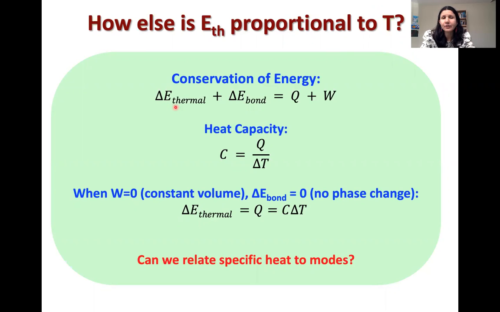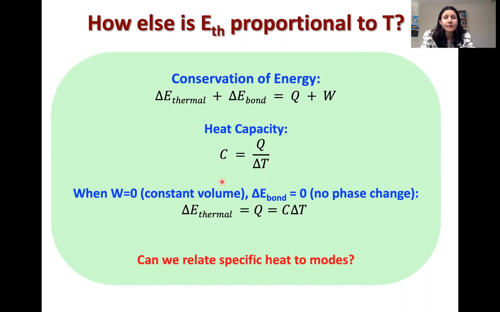We saw, talking about only E-thermal and E-bond, that the changes in E-thermal plus E-bond have to equal heat plus work. Then we also defined heat capacity, and by definition, the heat capacity is Q over delta T, so it's the amount of heat added to the system to give you that temperature difference.